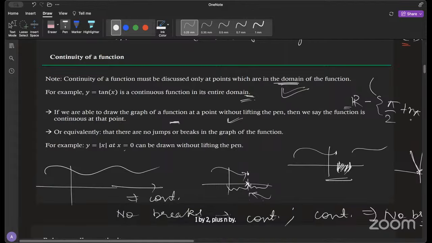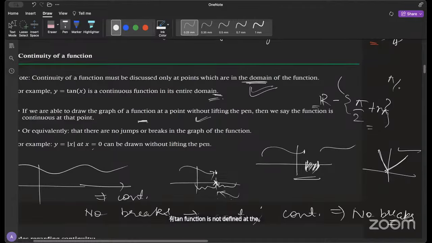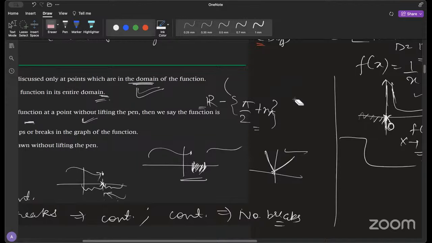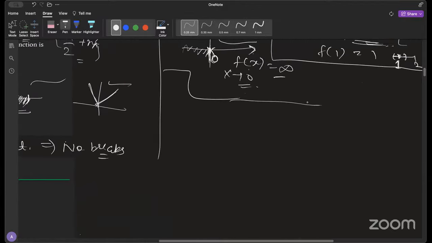So what are these points? Why are we subtracting these points? These are those points where your tan function is not defined, at pi by 2, then 3 pi by 2. Your tan function is sine by cos, right?